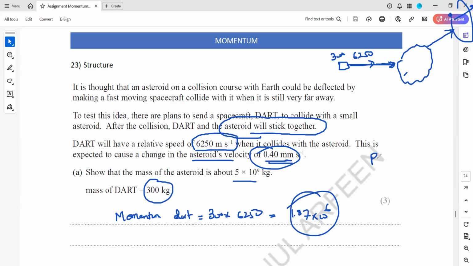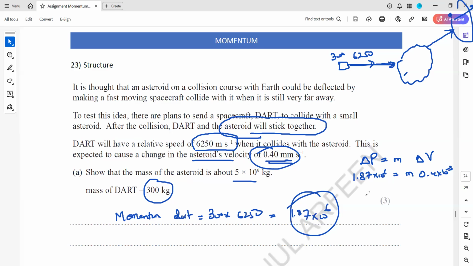So we can say the change in momentum of the asteroid is the mass of the asteroid multiplied by the change in velocity. How much did it gain in momentum? It gained the momentum of 1.87 × 10^6. And because of this gain in momentum, the change in the velocity for the asteroid is 0.4 × 10^-3.